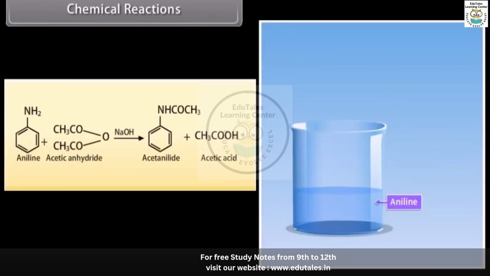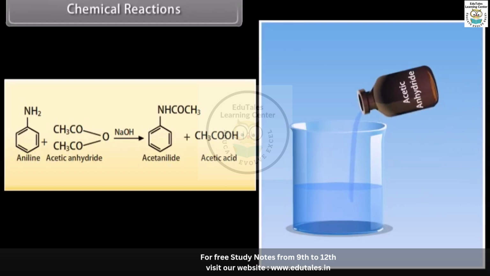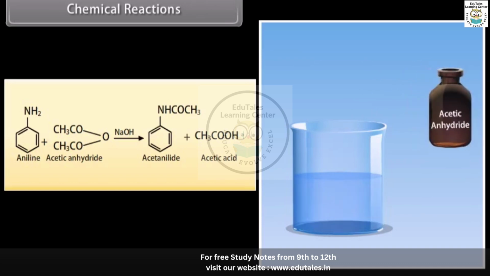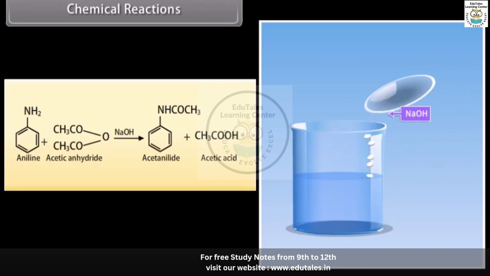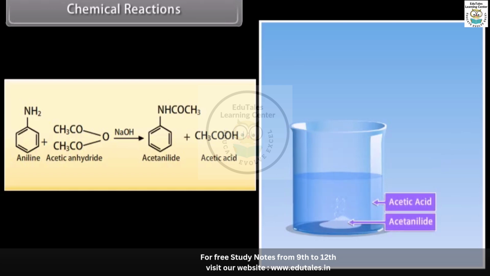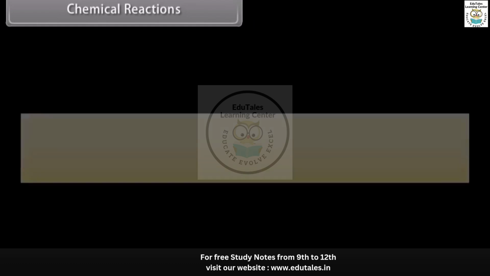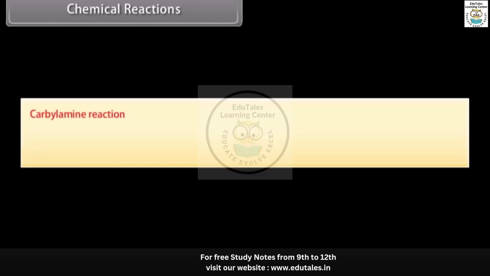Acetic anhydride reacts with aniline in the presence of sodium hydroxide and forms acetanilide and acetic acid. Chemical reactions. Carbylamine reaction.